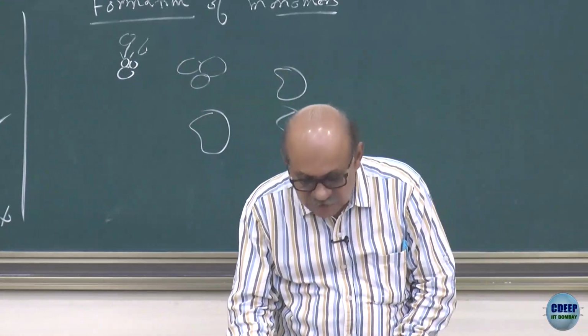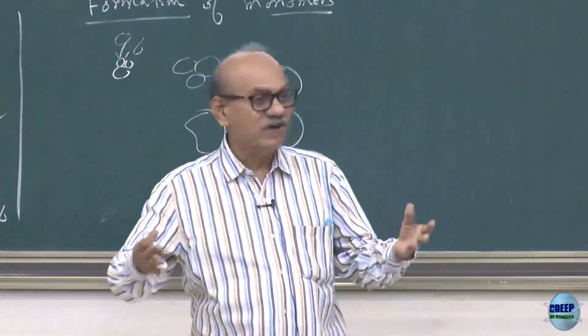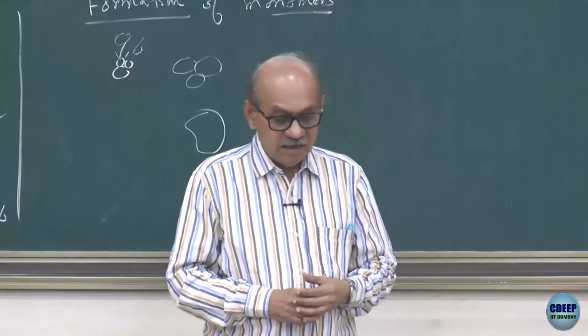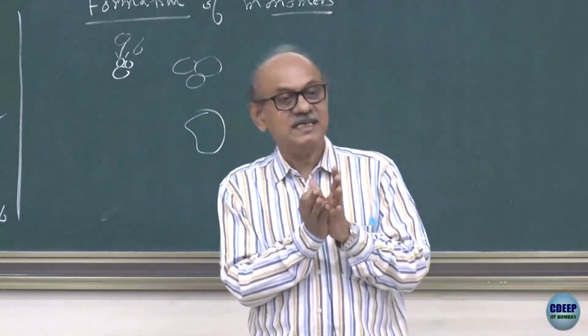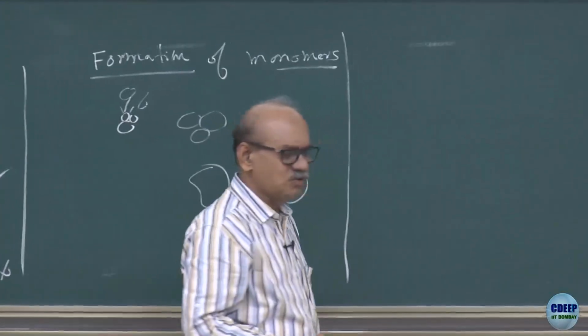So, given this background of why we need coagulation, we can more specifically bring all these ideas together to define the process. Although in literature, if you see, there are so many words, right.